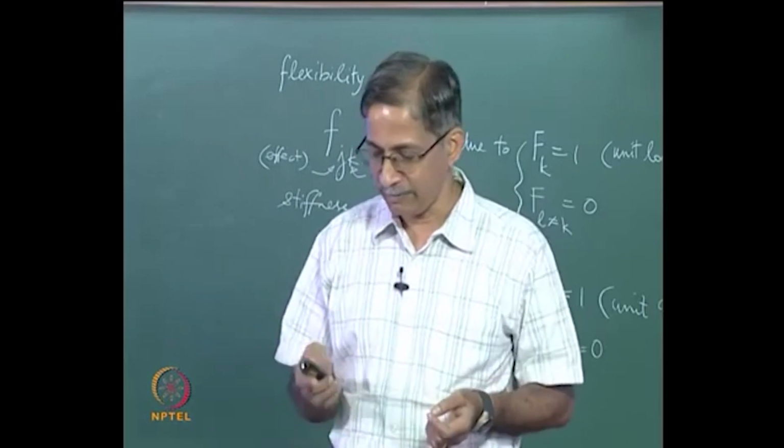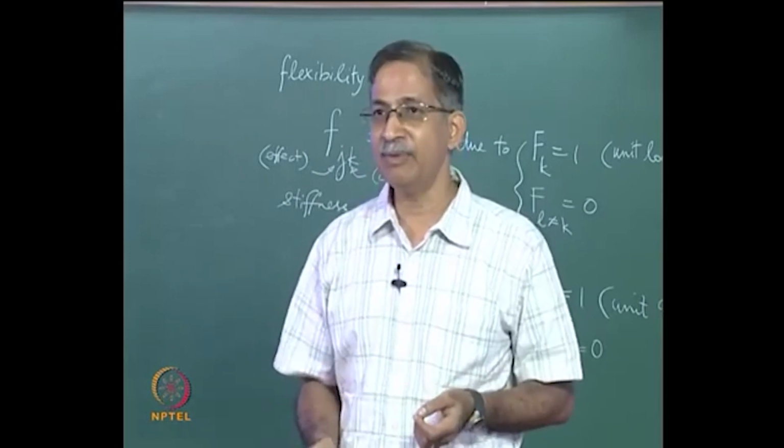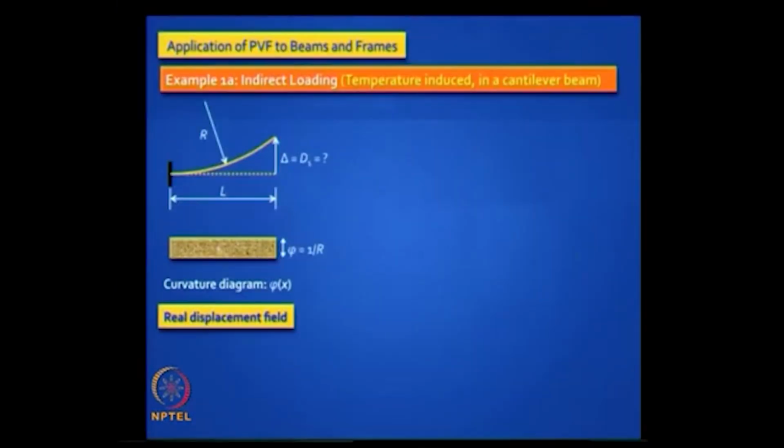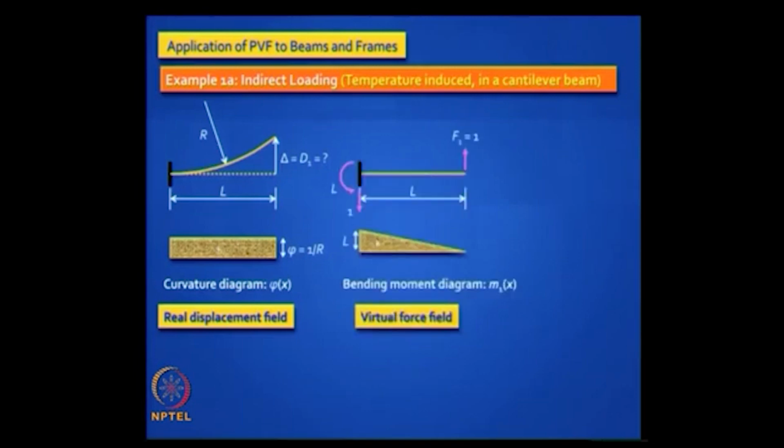So you can do the conjugate beam method, but let us invoke the principle of virtual work. And please note, in these applications we use the word principle of virtual forces because your force field is virtual and you are imagining, you are constructing, you are cooking up an imaginary force field to help you find an unknown displacement. So what do you do if you want to know the vertical deflection upward?